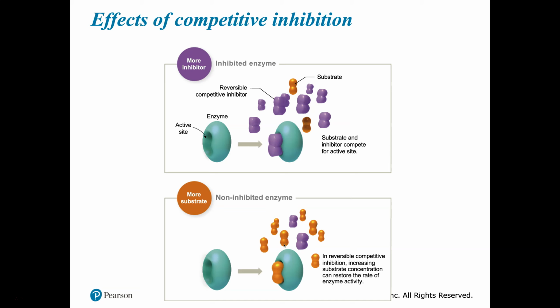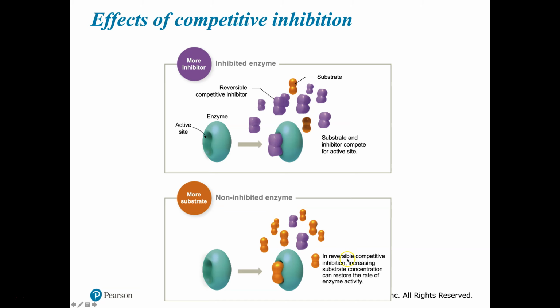Well, there's a higher likelihood that the substrate will bind to the active site than the inhibitor itself. Now, these reactions are reversible, meaning it's not permanent. So if at one point you have too much of an inhibitor, you can actually switch that around so then you have more substrate than an inhibitor. So it's reversible.